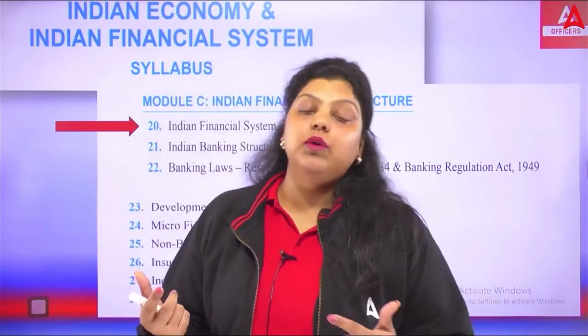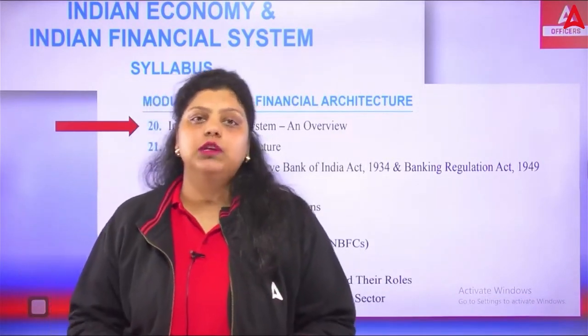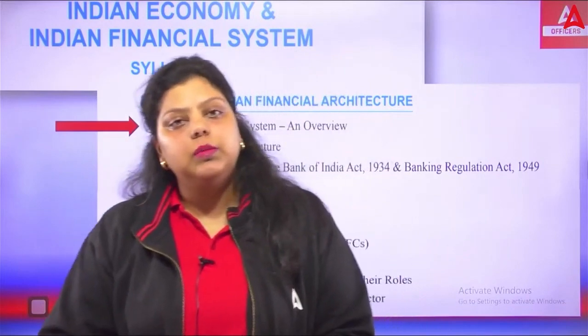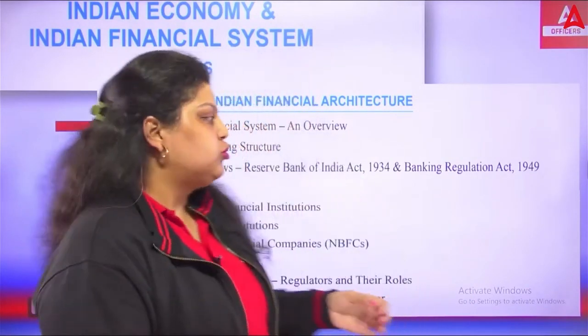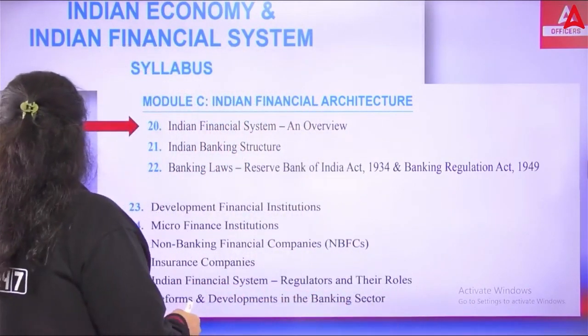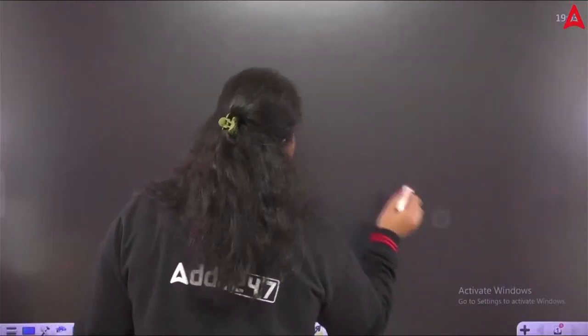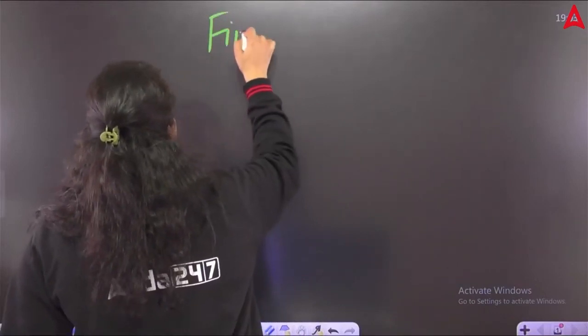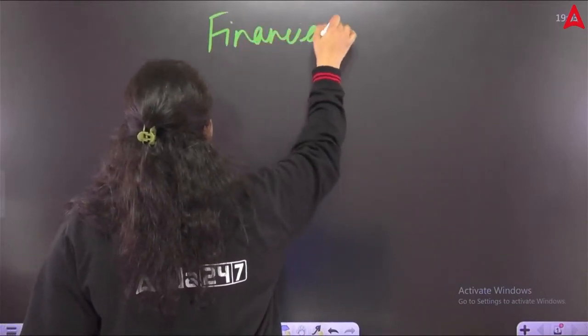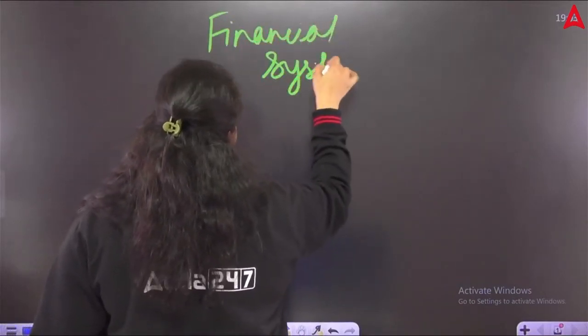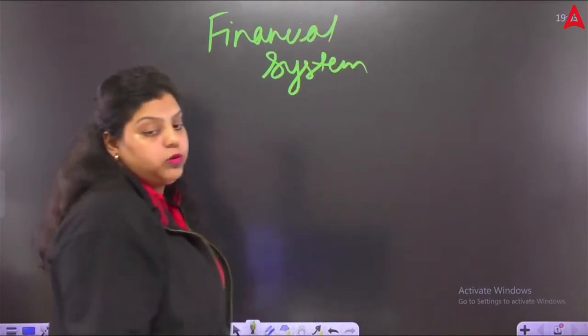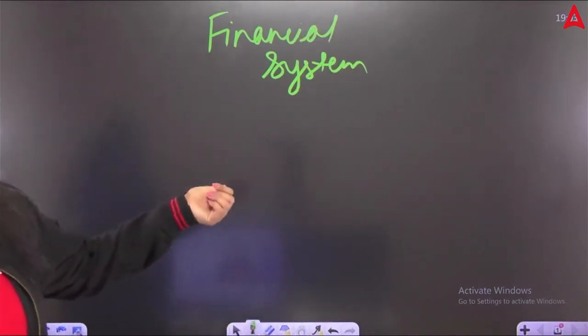This is done with the help of financial institutions, financial markets, and financial products, or instruments. So a financial system is a system where we exchange funds among persons who have surplus money and persons who have a deficit of money.